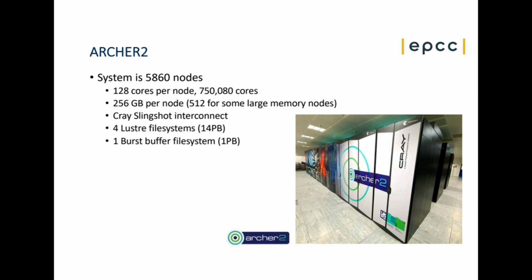Each node has 256 gigabytes of memory, except for some large memory nodes, which are double that. It uses the Cray Slingshot, actually Slingshot 10, interconnect, and has some large attached file systems. We'll be looking in more detail at the single nodes in this course, and not really caring too much about the interconnect and the storage.